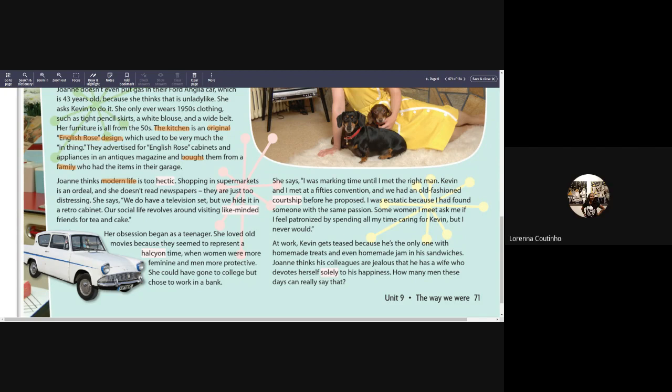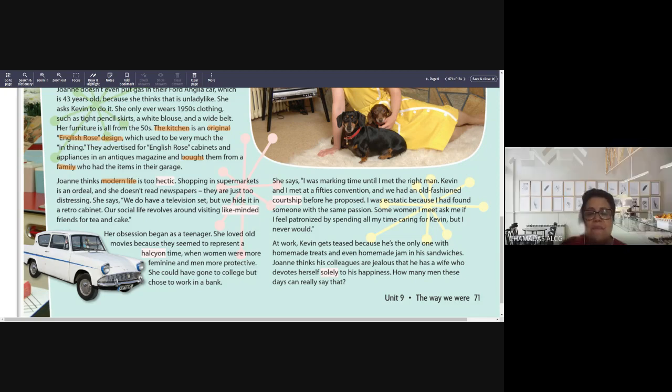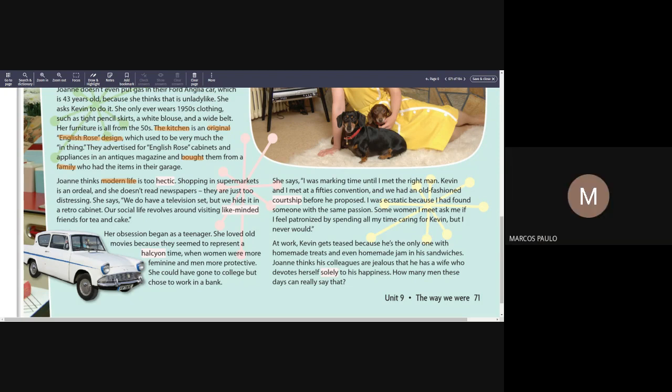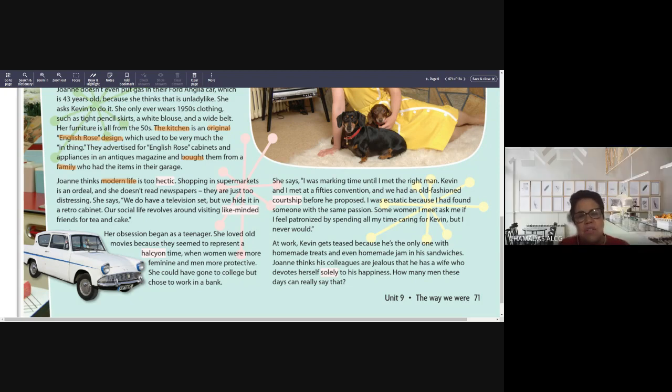It is like uma pessoa prometida, but you still talking with this person. No, let me say in Portuguese. Courtship, it's like o cortejo, a paquera, and dating is namoro.